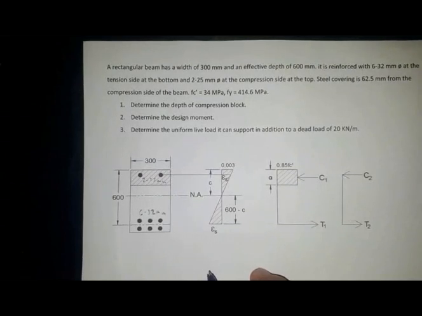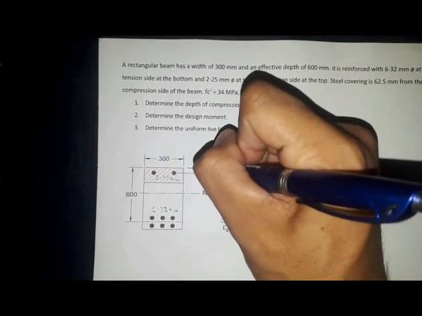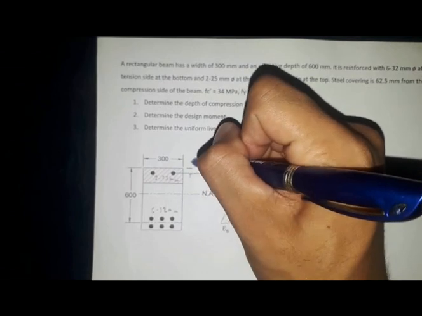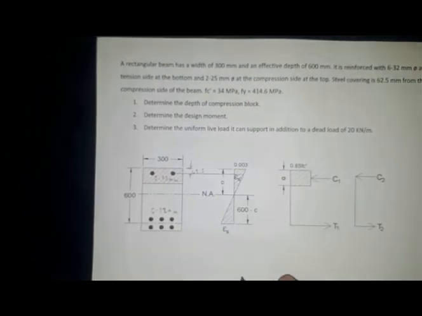Steel covering is 62.5 mm from the compression side of the beam, so this is D prime, which is 62.5 mm.